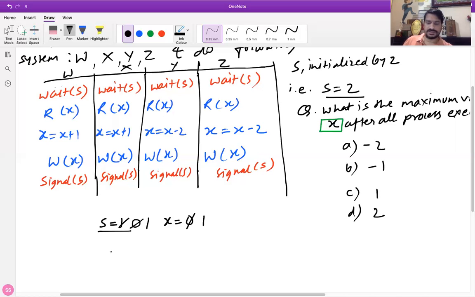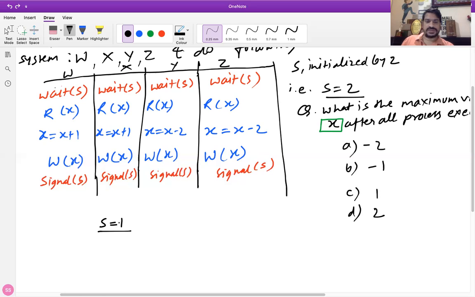This is what happens when we execute one process. Let's assume that the value of S is 1 initially, and we are executing one process. Let's assume that we are executing process X. Now, when we execute process X, the wait will be called. Wait will allow this process to go to the critical section because the value of S is greater than 0.